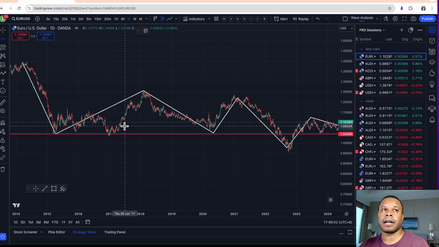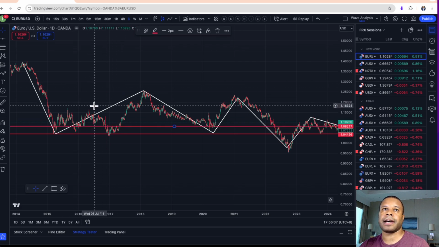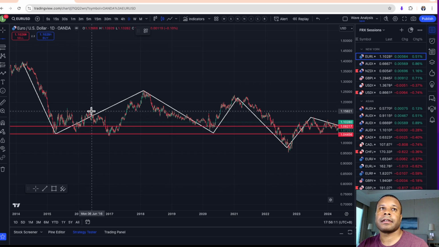And if you see, I'm putting my red lines to show you this. As the market trended down, there were these areas that it hit of support. Okay. In 1 second, I'm going to show you this.